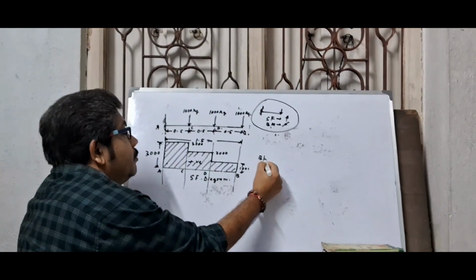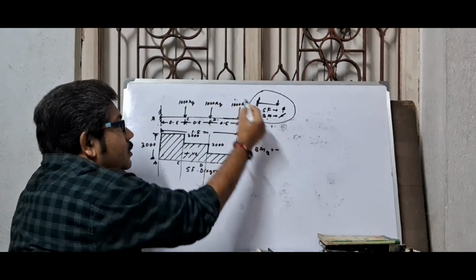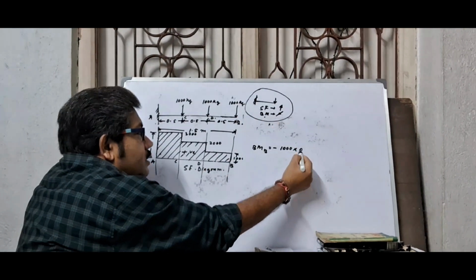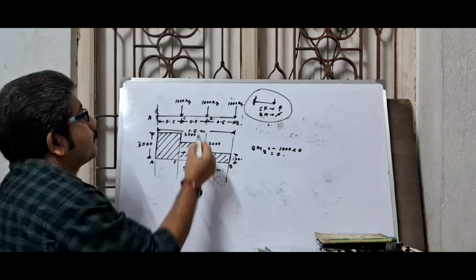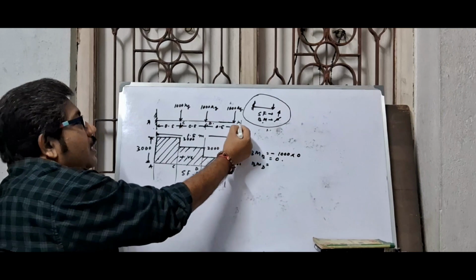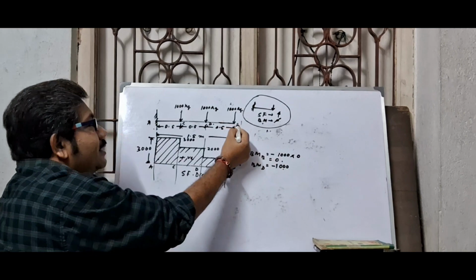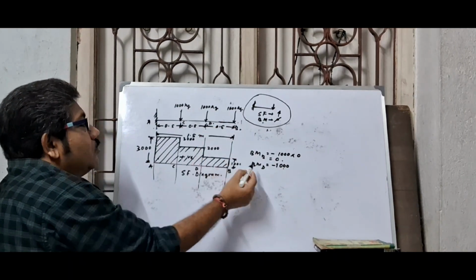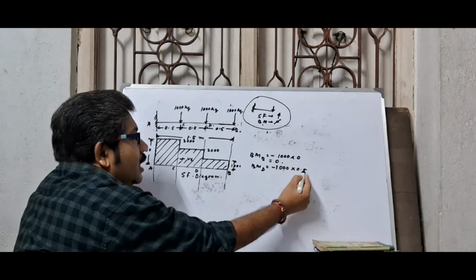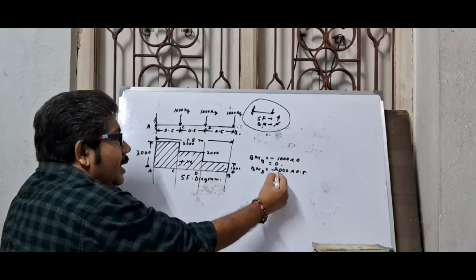So at first, bending moment at point B. First of all, negative load, this is 1000, but there is no distance here, so this is 0 at point B. Now at point D, this 1000 load is acting at point B, and you calculate moment at point D, so the distance is 0.5.